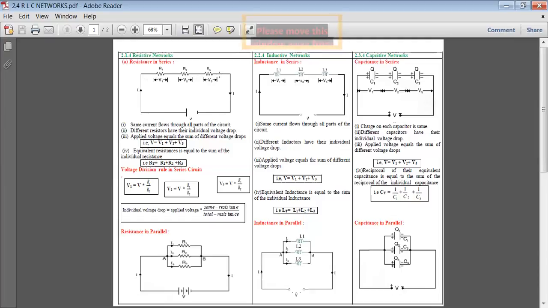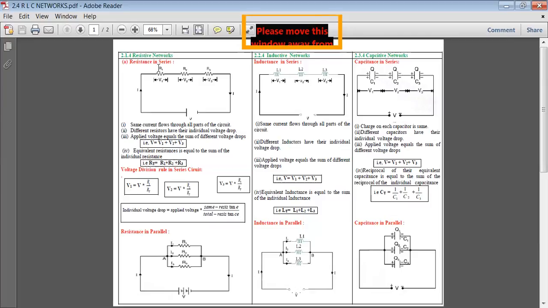Whenever current flows through R3, I get a voltage drop according to Ohm's law, I into R3, which equals V3. The current into resistance gives the voltage drop.